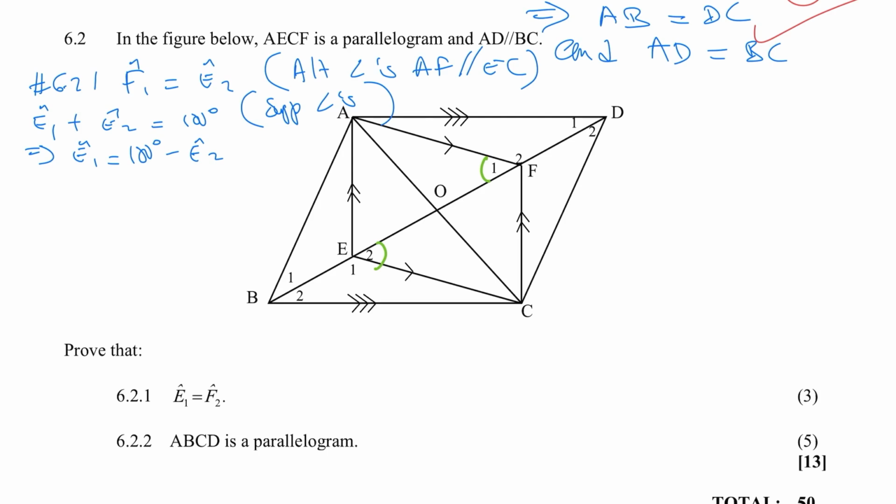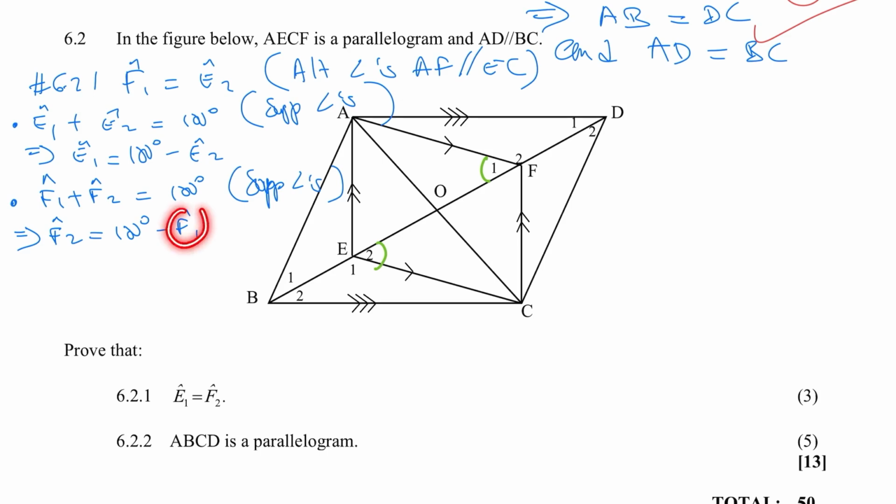Make sense? By definition. And again, angle F1 plus angle F2 is equal to 180 degrees. Again, these are supplementary angles in a straight line. Therefore, angle F2 is equal to 180 minus angle F1.